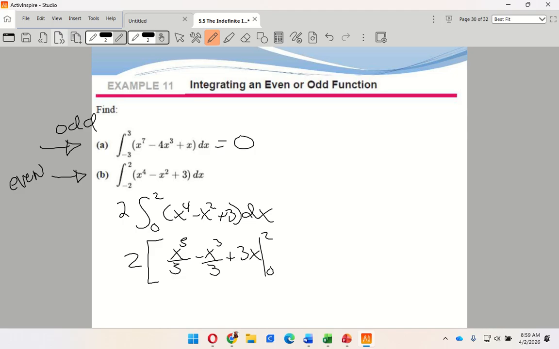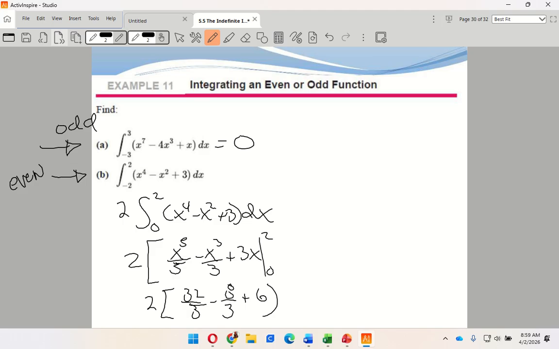So as I plug that in, that's going to be 2 bracket 32 over 3 minus 8 over 3. No, that's not 3, that's a 5. Sorry. Plus 6.